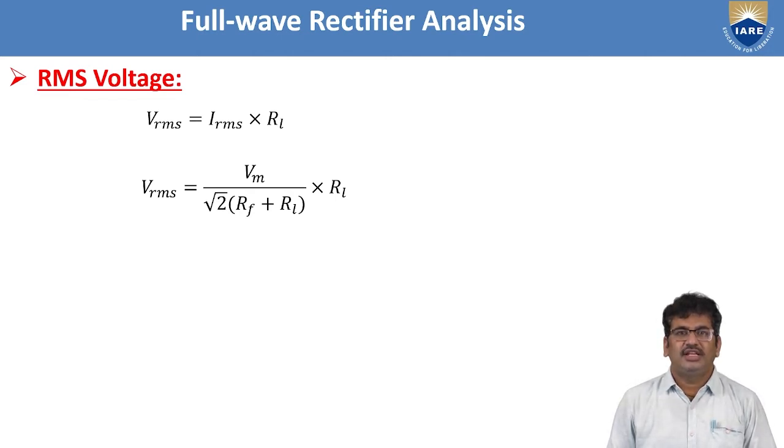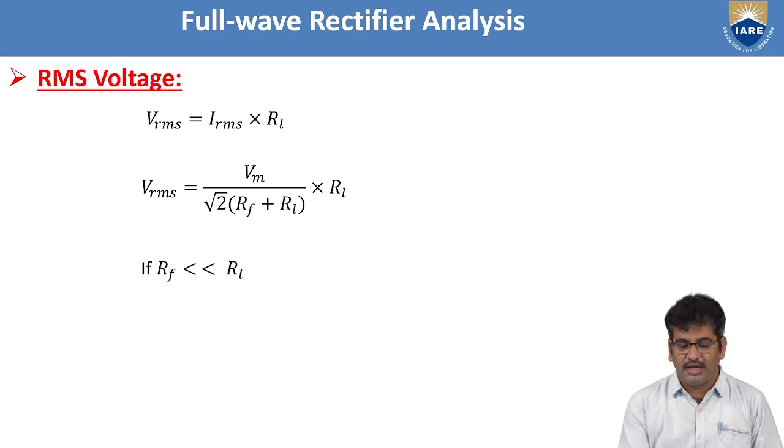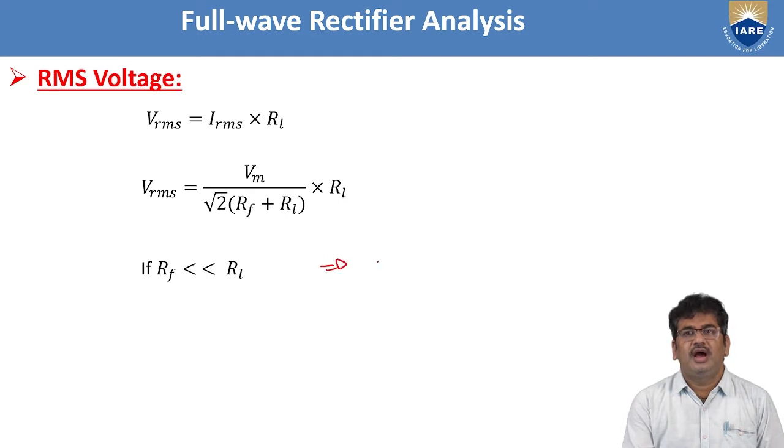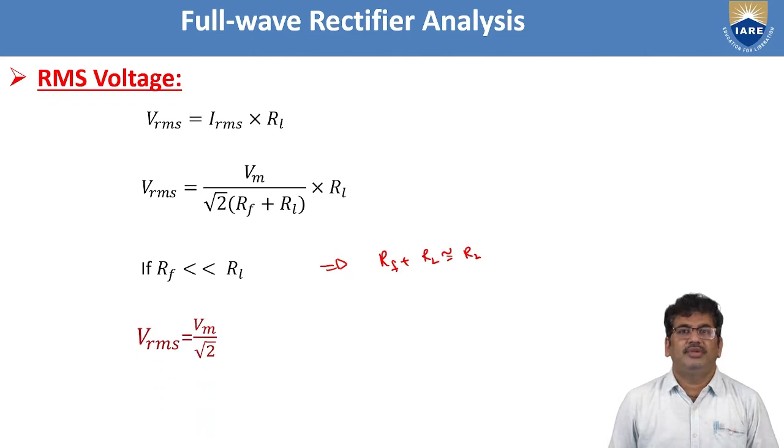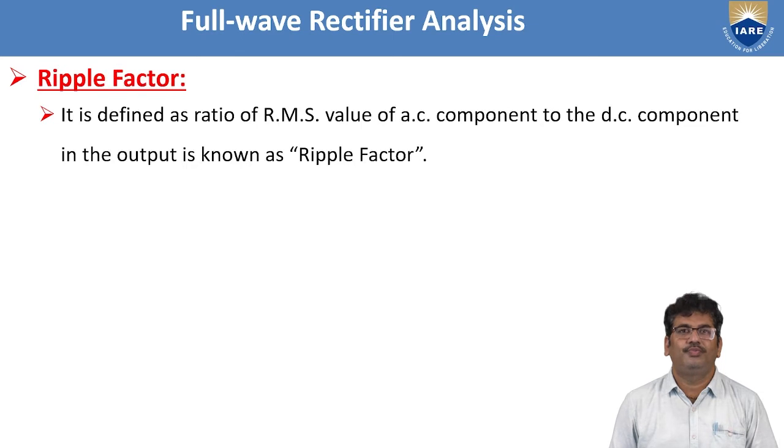As the diode resistance Rf is much less than RL, if Rf is much less than RL, then Rf plus RL is approximately equivalent to RL. Substituting this, RL gets cancelled, and Vrms is equivalent to Vm by root 2. So the Vrms for a full wave rectifier is given as Vm by root 2.